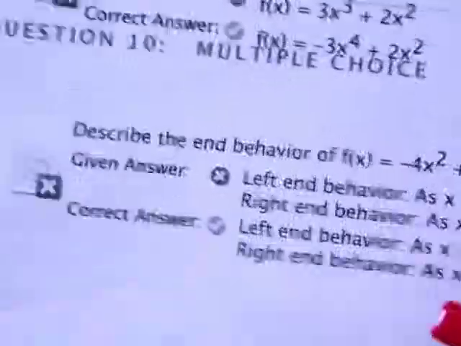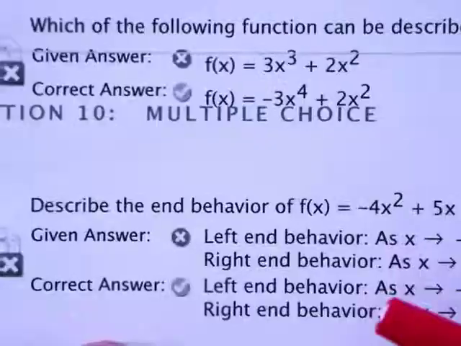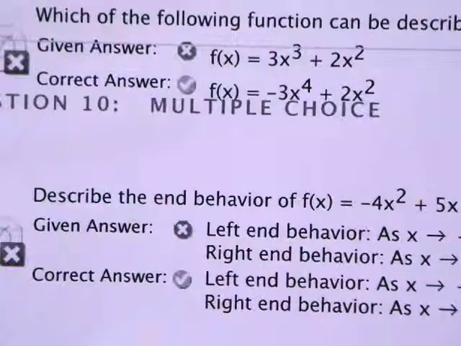The whole next page, you only missed a couple. Which of the following functions can be described as increasing then decreasing? Okay. Now let's think about it. Increasing, so it starts down here. Increasing, and then it's going to decrease down here.